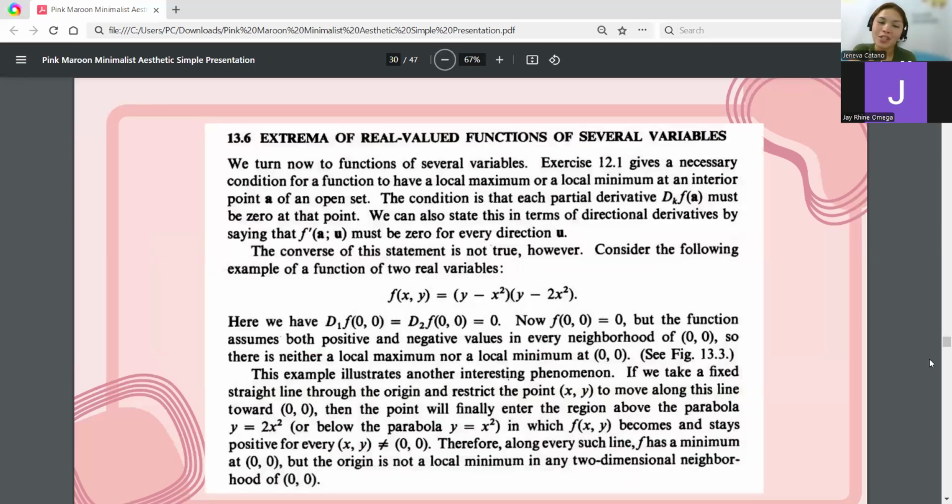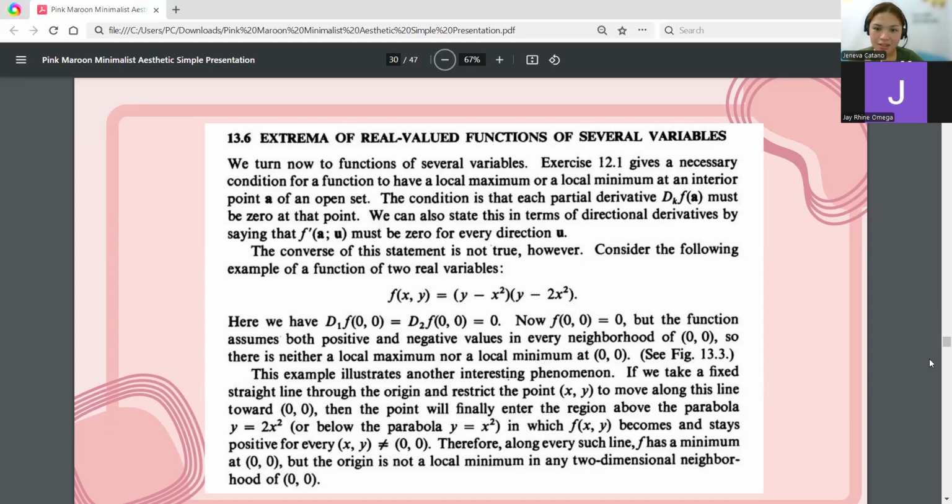Okay, let's move on to 13.6. Extrema of real valued functions of several variables. We turn now to functions of several variables. Exercise 12.1 gives a necessary condition for a function to have a local maximum or a local minimum at an interior point a of an open set.